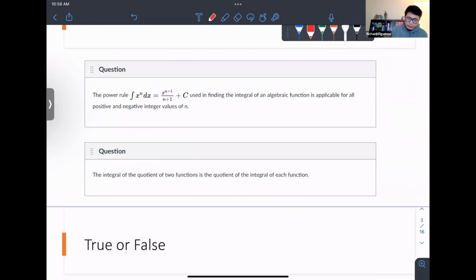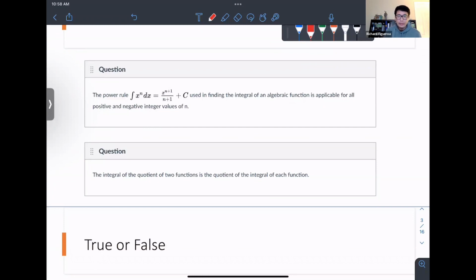The third one: the power rule, the integral of x raised to n dx equals x raised to n plus 1 over n plus 1 plus c, which is used in finding the integral of an algebraic function, is applicable for all positive and negative integer values of n.